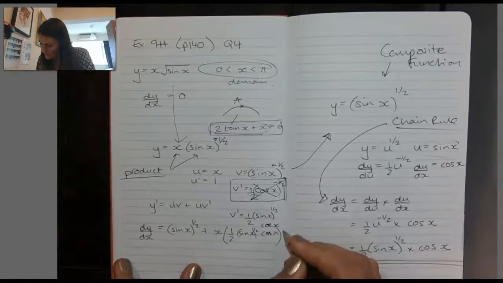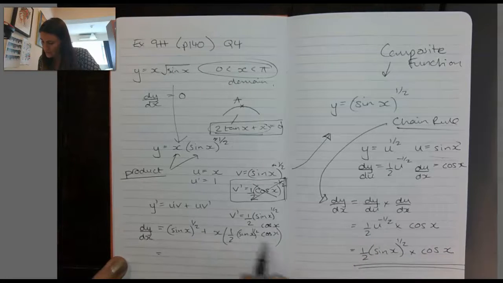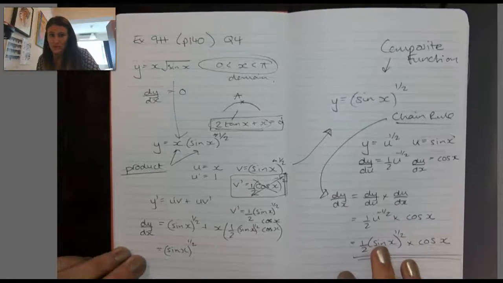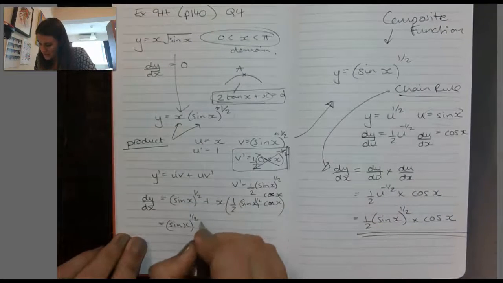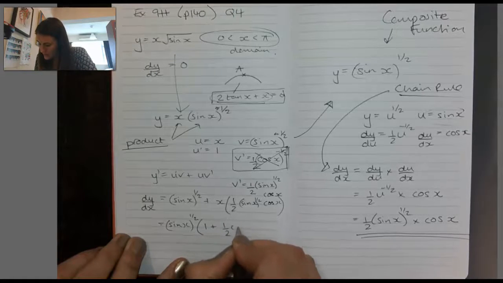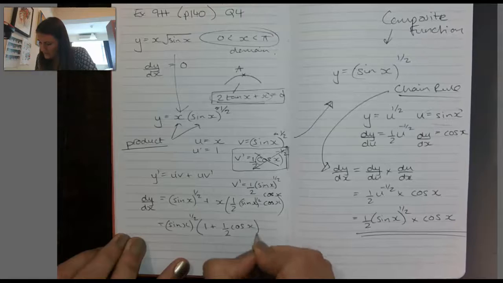Let's put some brackets around that. Okay, let's try and simplify this down a bit. So let's take the sine x to the power of a half out the front, and then I've got 1 plus half cos x.